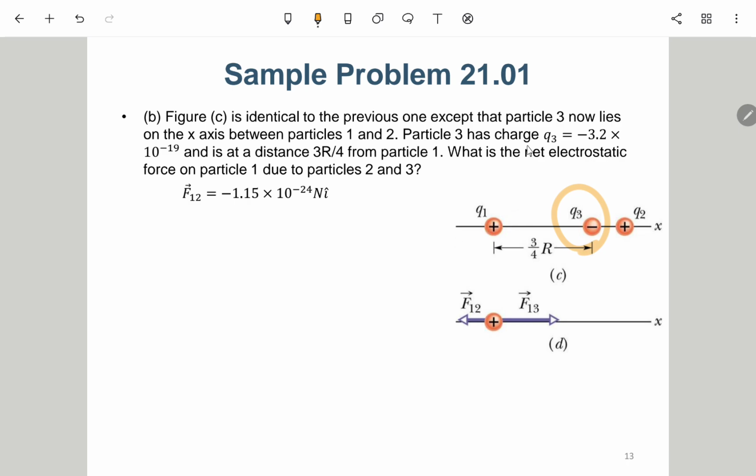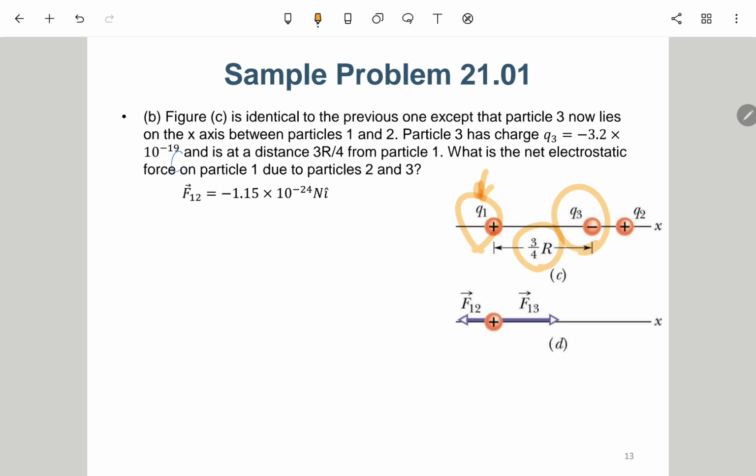Okay, so particle 3 has a charge Q3. This time it's a negative charge, negative 3.2 times 10 to negative 19 Coulomb. And it is at a distance 3r/4 from particle 1. Okay, so this is the distance. What is the net electrostatic force on particle 1 due to particle 2 and 3? Okay, still asking you the force acting on Q1.